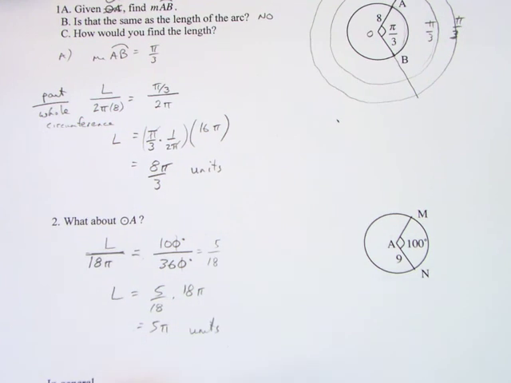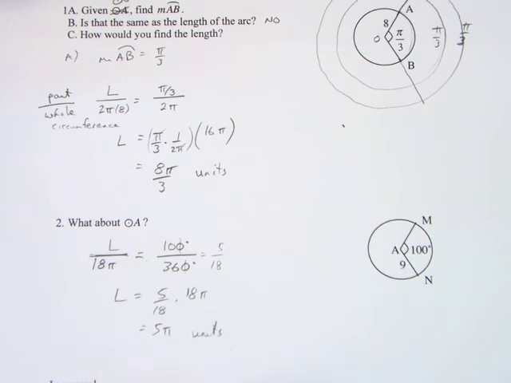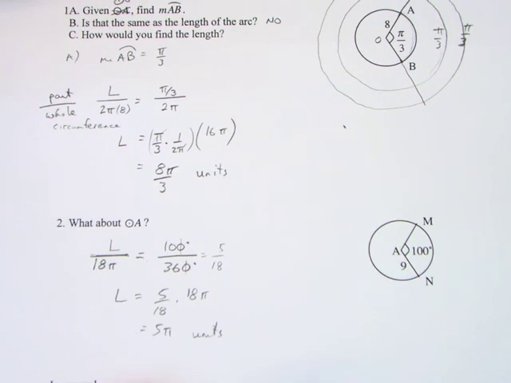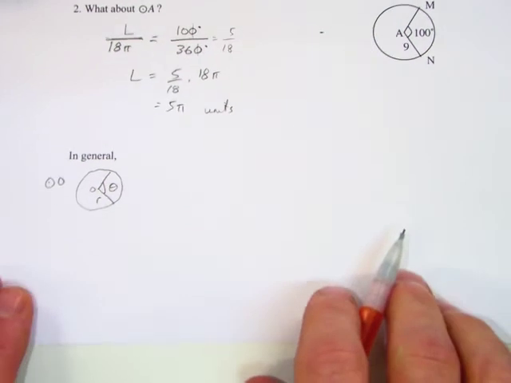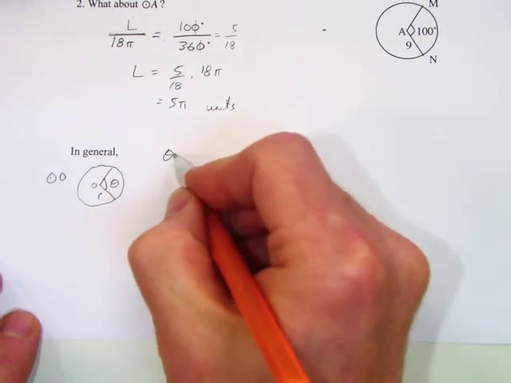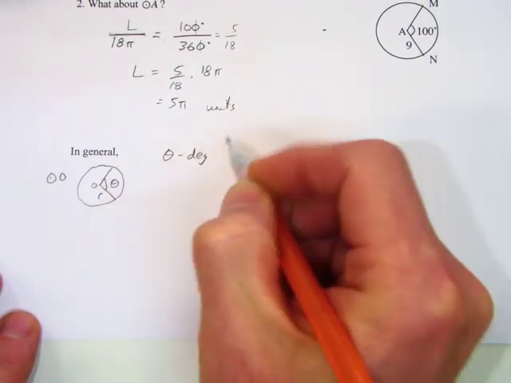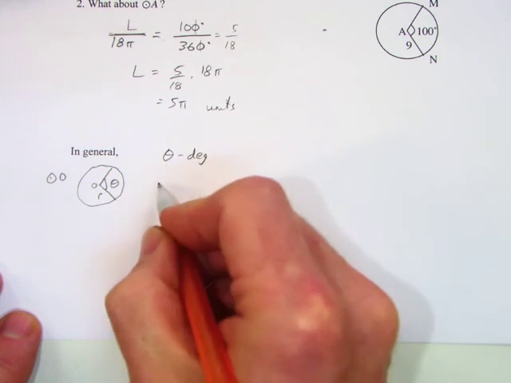All right, in general, if we have some circle, and we'll call that circle O, and we have a radius r and an angle theta. I couldn't see that for a second. Now let's assume for a second that theta is in degrees. Then what would we do?